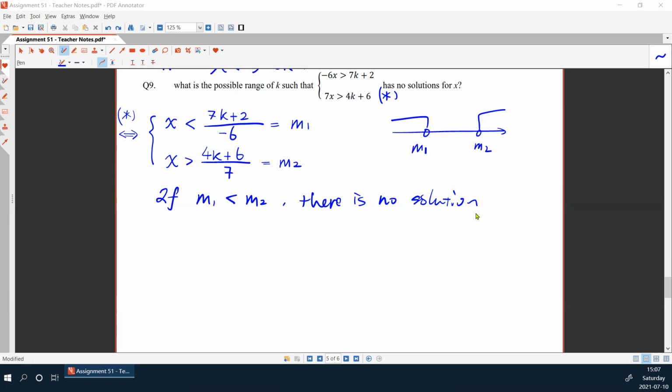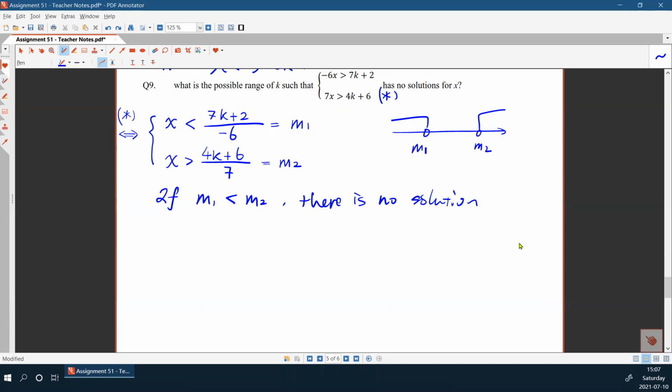So if the two numbers are equal, that means m1 is here, m2 is also here, right? And the solution says x must be smaller than this number, and at the same time, greater than this number, right? So is there any solution in this case, Dora?